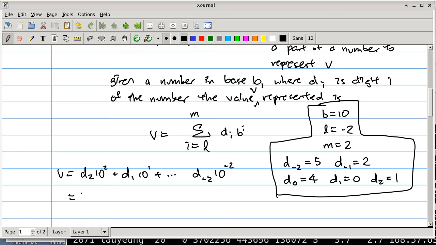D2 is 1, 10 to the power of 2 is 100. So we have 100 plus 0 because D1 is a 0. D0 is a 4, and that's multiplied by 10 to the power of 0, which is 1. And then we have a 0.2, and then we have a 0.05. Is that okay? That's just 104.